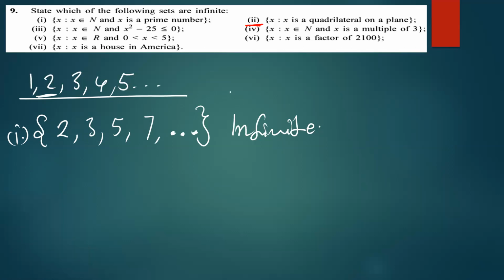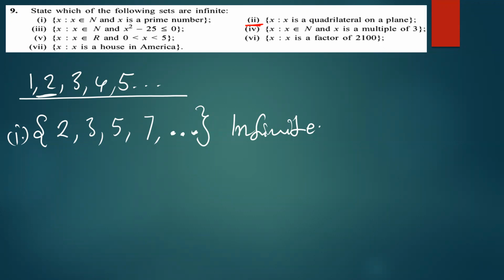You need first to understand what a quadrilateral is. A quadrilateral is simply a shape, or a polygon in short, which has 4 sides.